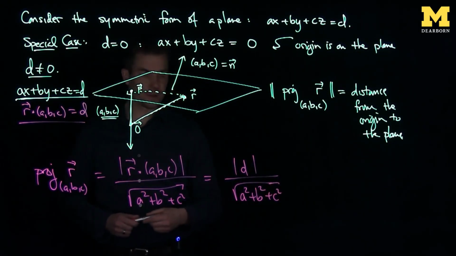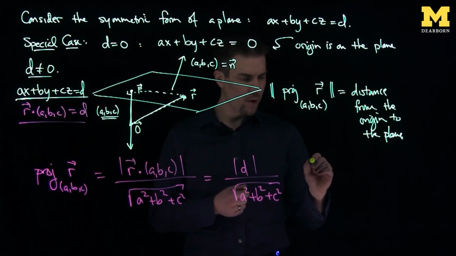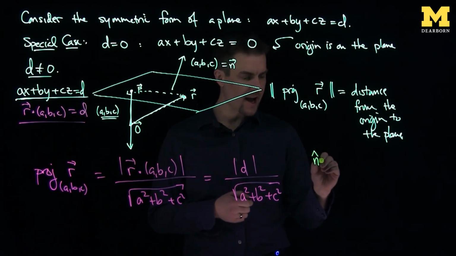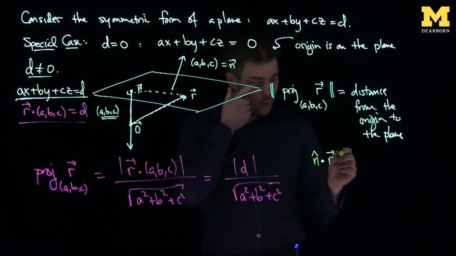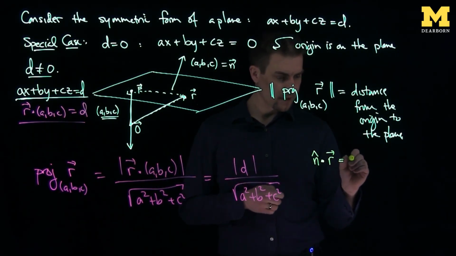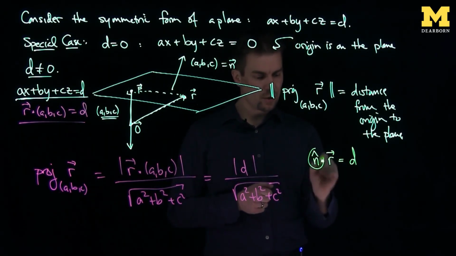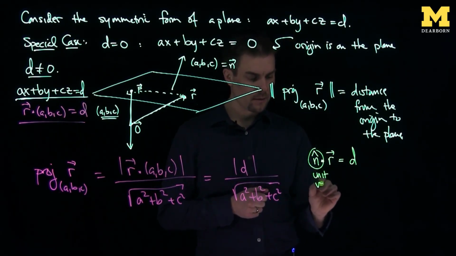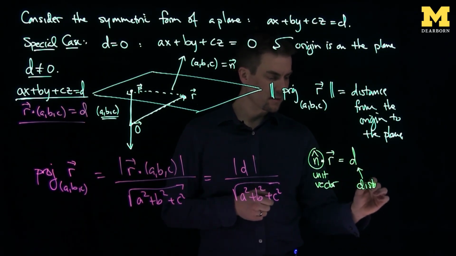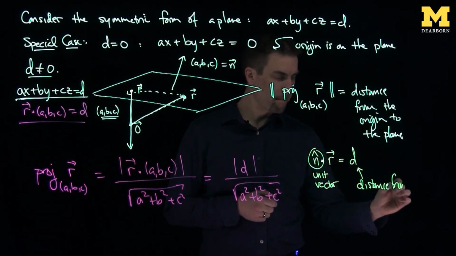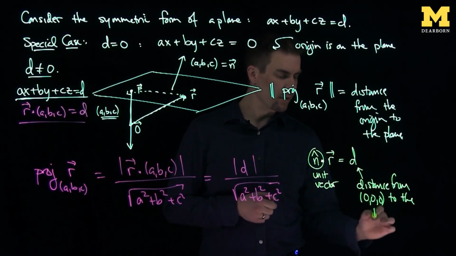And in particular, we should make a remark about this. If you have a unit normal vector n hat, and n hat dot R is equal to D, the equation of a plane, then if this is a unit vector, the right-hand side is the distance from 0, 0, 0 to the plane.